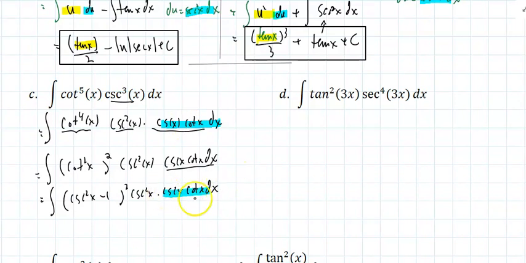Well, obviously I'm going to let u equal cosecant of x. The derivative of this will be negative cosecant of x, cotan of x dx. So below, before I lose track, there's my du, off by a constant. That's an easy fix. And there's my u.